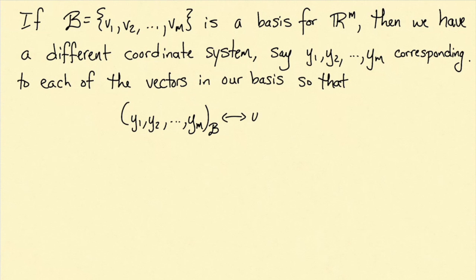And this notation corresponds to the linear combination y1 v1 plus y2 v2 plus ... plus ym vm.